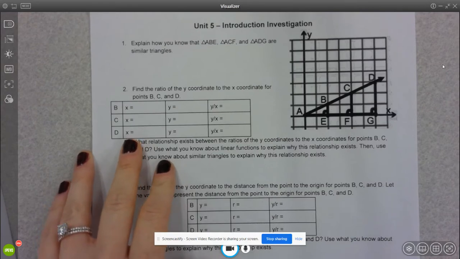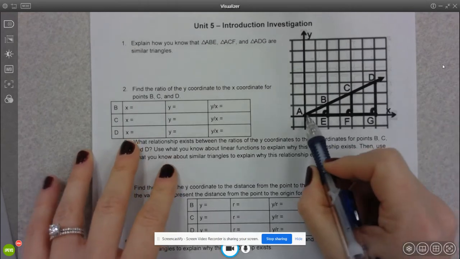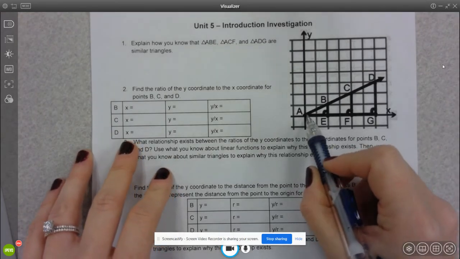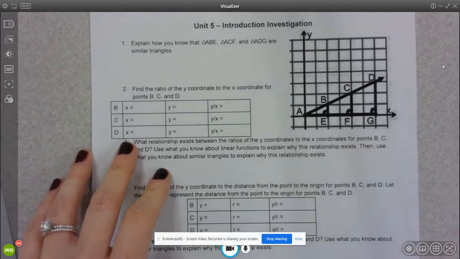So I know if my triangles have at least two congruent angles, they are similar triangles. So one thing I know is that all three of these triangles share angle A. So that's one angle that is congruent in all three triangles.